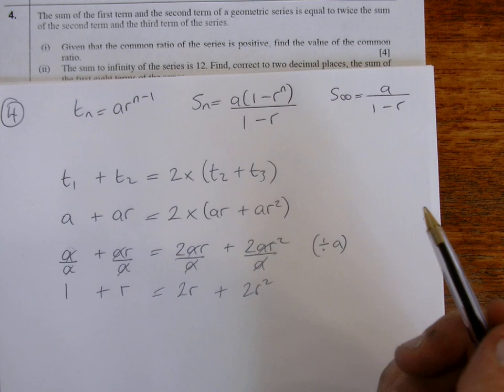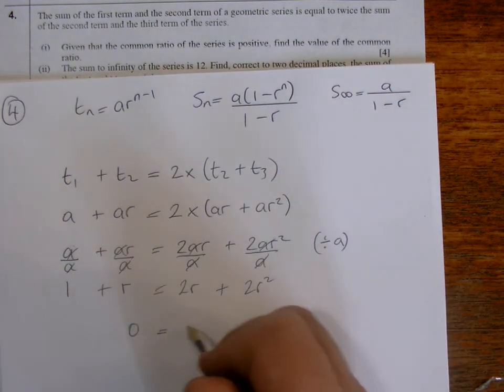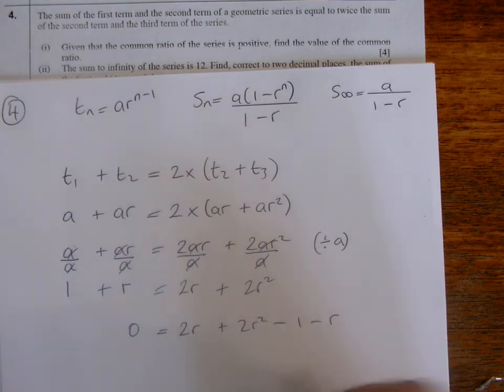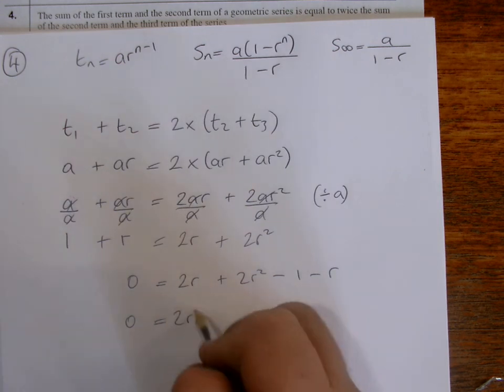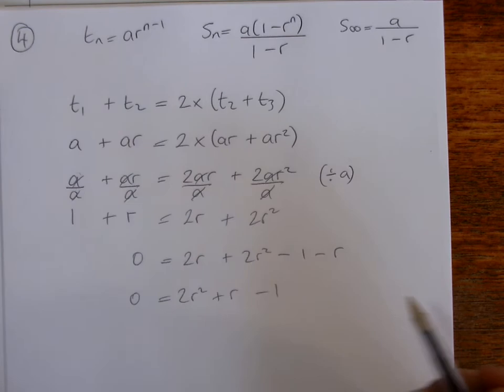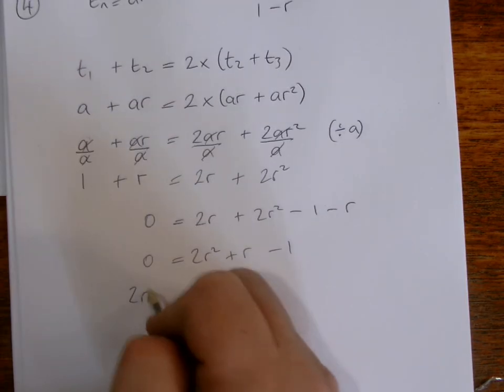So if we then get everything to the right-hand side, so I have 0 here, 2R plus 2R squared, take away 1, take away R. You end up having a quadratic, so 2R squared plus R, take away 1, equals 0. You might prefer to write it like this.